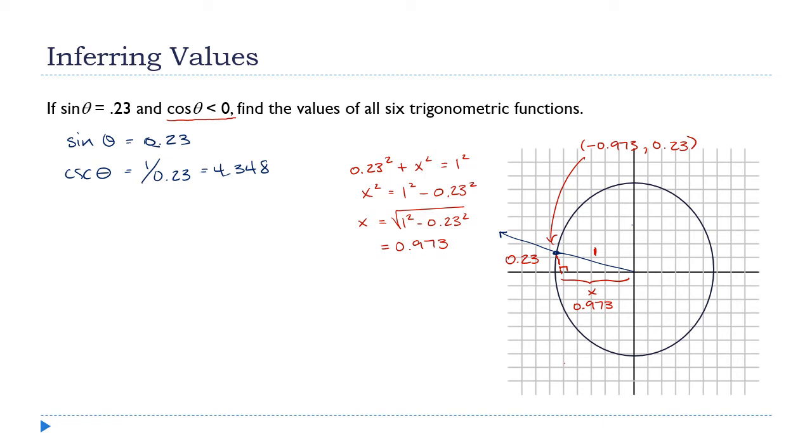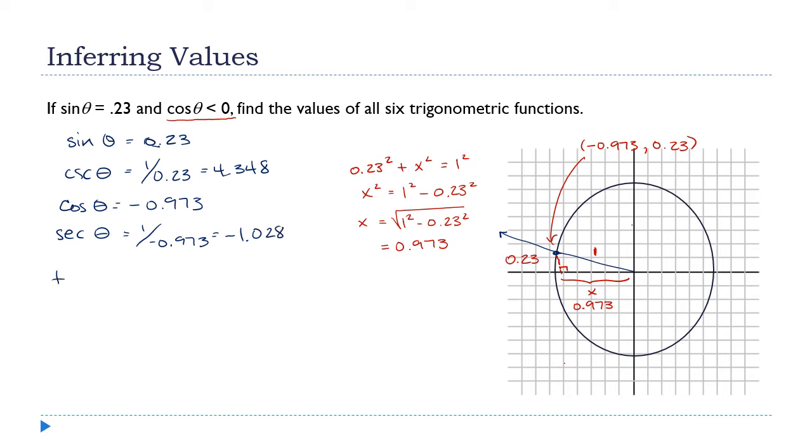Right, now I know the cosine of theta is negative 0.973, which means the secant of theta is 1 over that, which is negative 1.028.